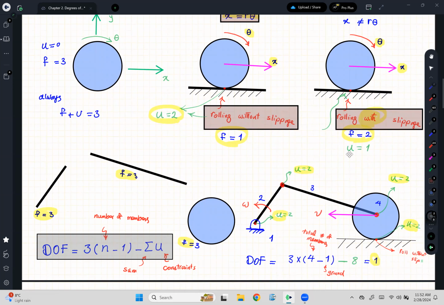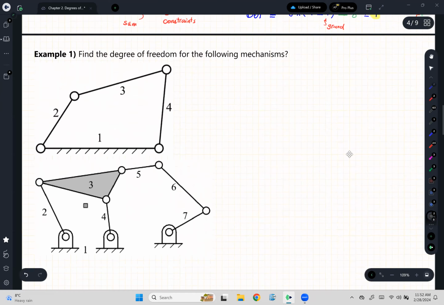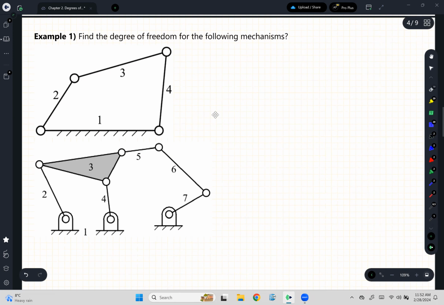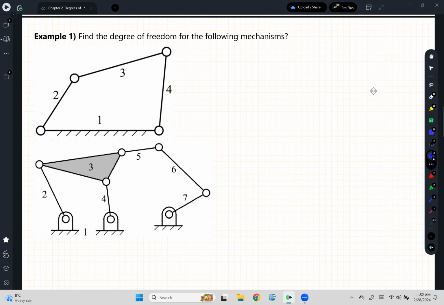Now we're going to use this formula and solve some examples together so you see how simple it is. What is this? A 4-link mechanism. If you forget what it is, please go back to lecture 1 and review it. I want to find out the degrees of freedom. Degrees of freedom is 3 times n minus 1, minus sum of u. That's always the formula.